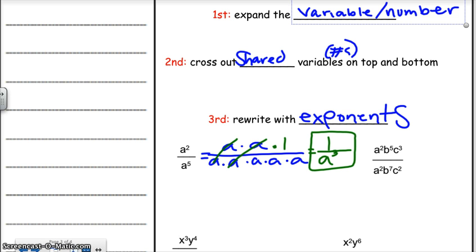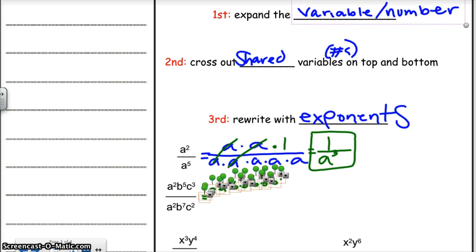Okay? All right, a squared b to the 5th c cubed over a squared b to the 7th c squared. Write small. Start expanding it out. I have 2 a's, 5 b's, 1, 2, 3, 4, 5, and 3 c's. I don't have any room, so I'm going to shift this down here.